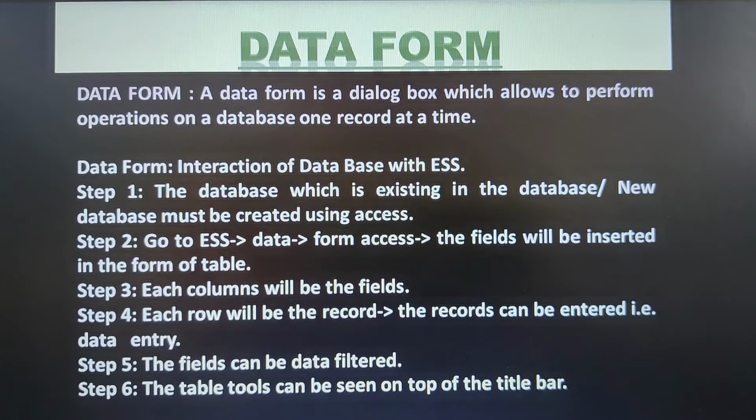Fine. So next, go to the ESS data. You have to click on the Data tab. In that you have Form Access. The fields will be directly inserted from what you have created in the database. The same data you can view in the ESS. Each column will be a field, each row will be a record.